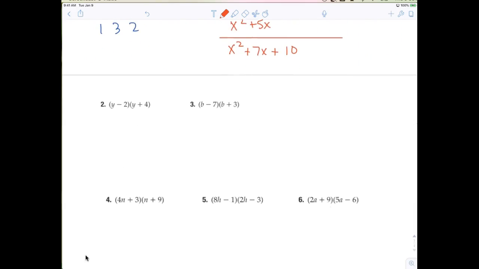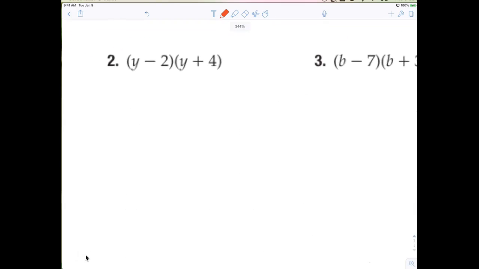Now, again, here we go. Number 2. Write down y minus 2 times y plus 4, and let's see what you can do. Positive 4 times negative 2 is negative 8.